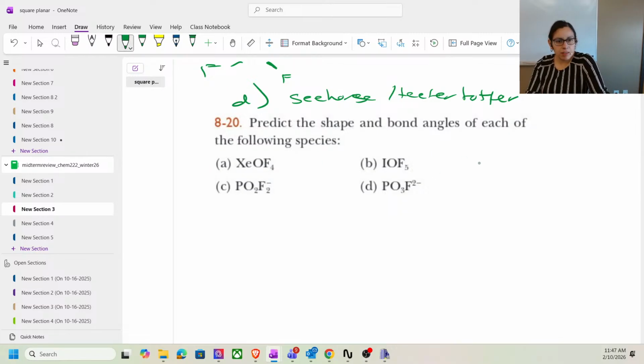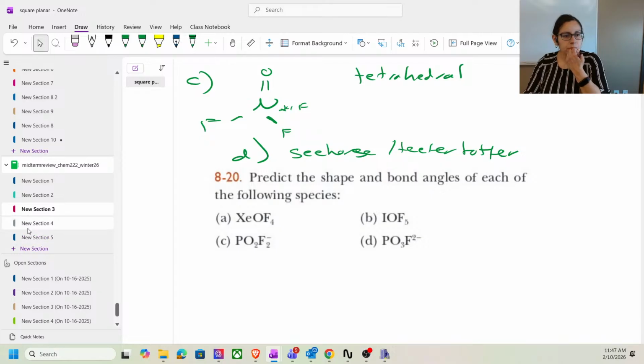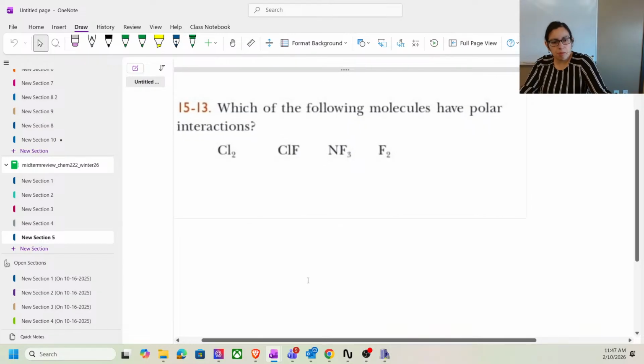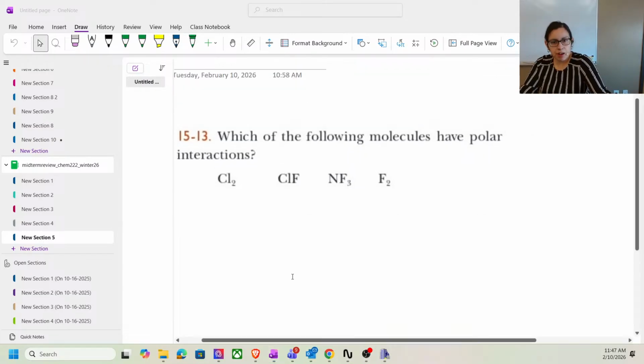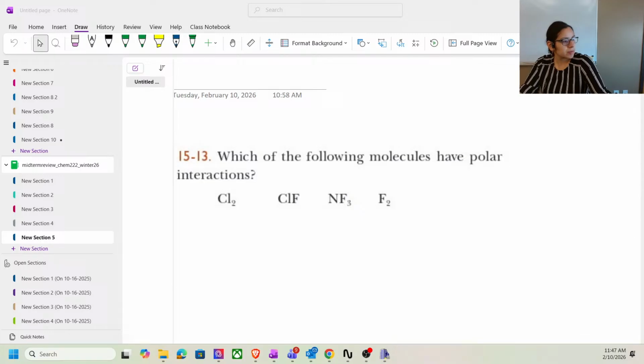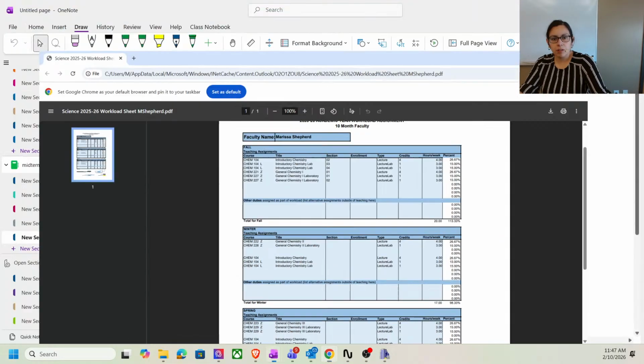All right, let's see. That's kind of a similar question. Okay, let's look at this one. Which one of these have polar interactions? So take a moment.